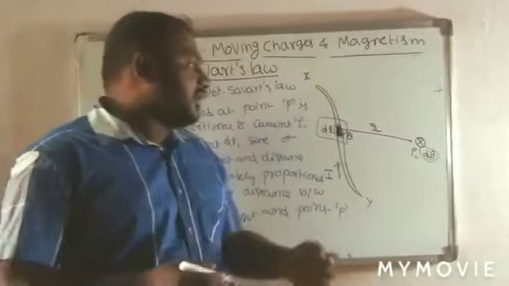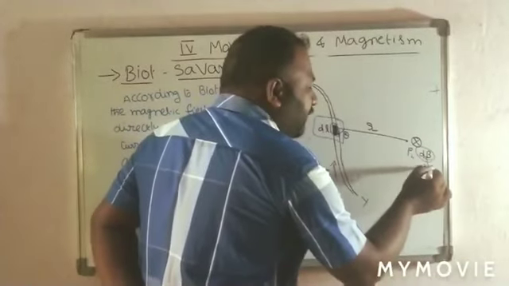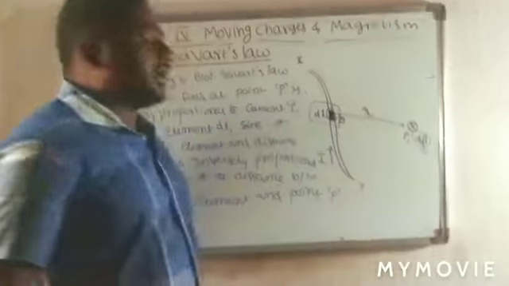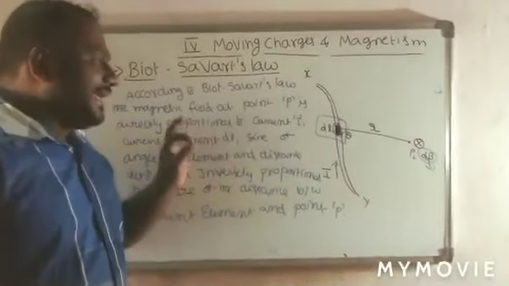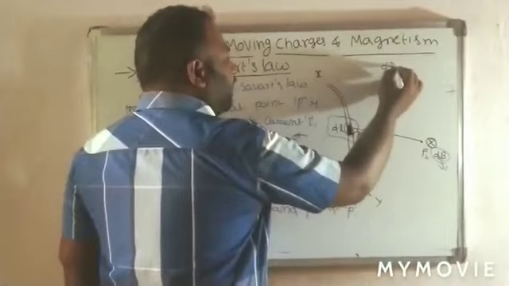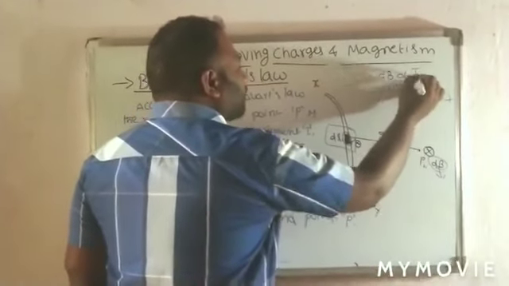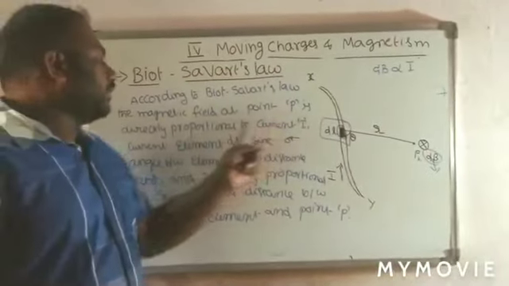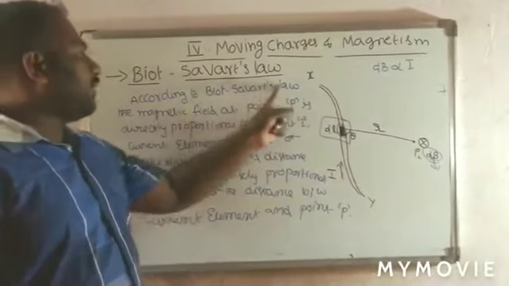Now based on this, the magnetic field according to Biot-Savart's law can be defined as follows.